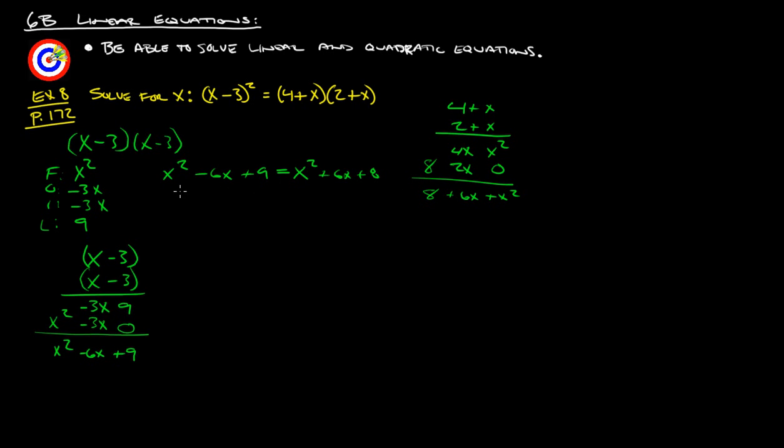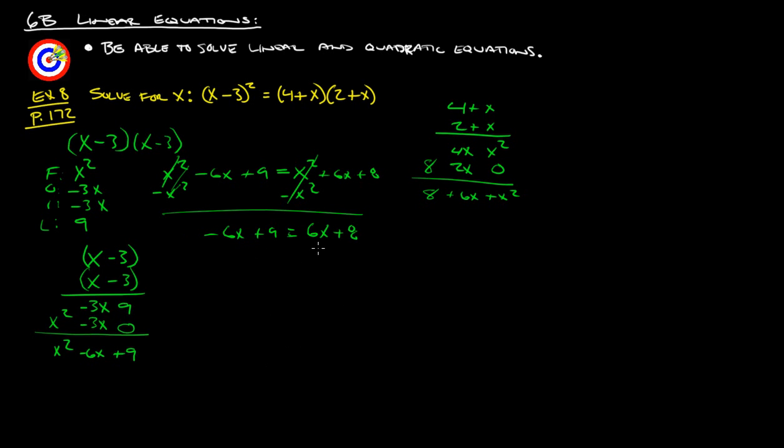And now we've got to solve it. Now the good news is, again, we've got to move all the x's to one side or the other, like the x squareds here. So let's say I want to move them to the right. I subtract x squared from both sides. And look, they're magically gone from both of these. So we just end up with negative 6x plus 9 equals 6x plus 8.